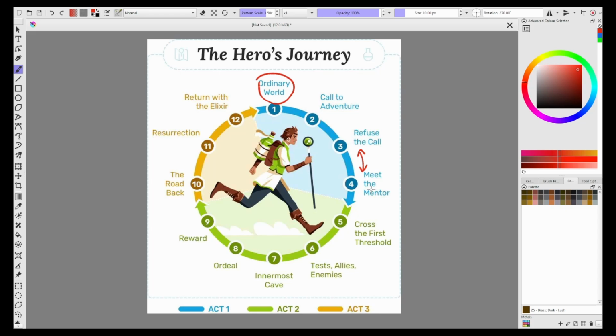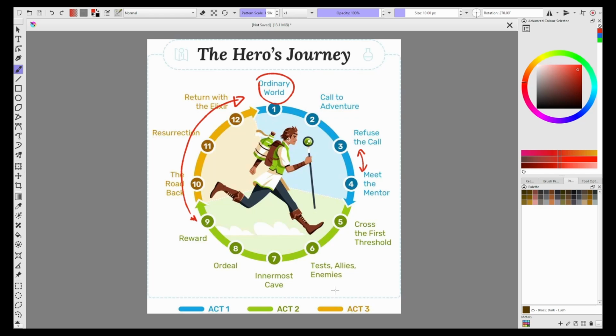I would say that sort of between the end of Act 2 over here, all the way up to returning to the ordinary world, in my opinion, this middle part of the hero's journey, even though there are specific tropes and they have very specific names to this structure, they're not that different to any other story structure.